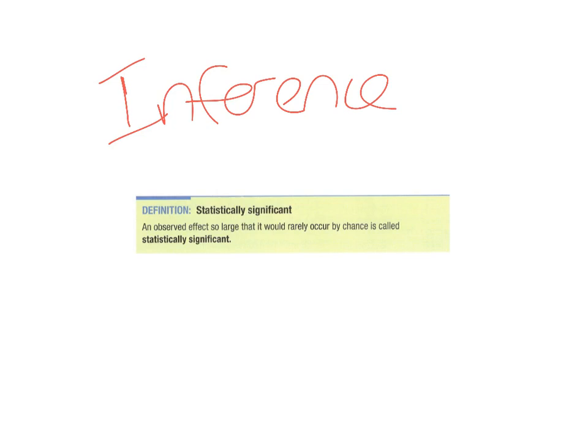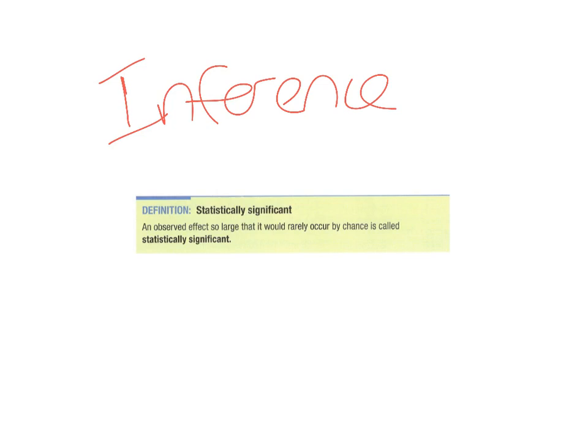Remember, an experiment can show cause and effect where an observational study cannot. If something is considered statistically significant, the effect needs to be large enough that it would rarely occur by chance. As we get in basically the whole second semester, we will be doing inference. We will be doing a variety of testing to determine if something is statistically significant or not.